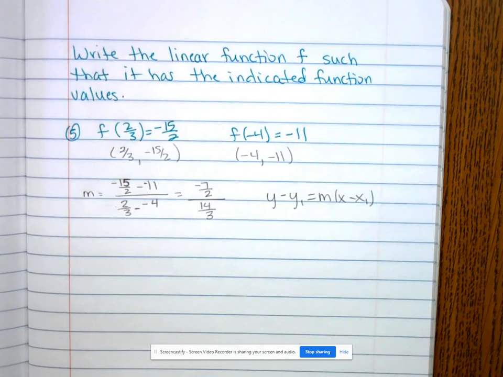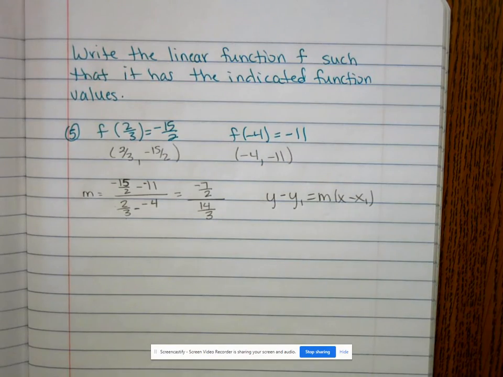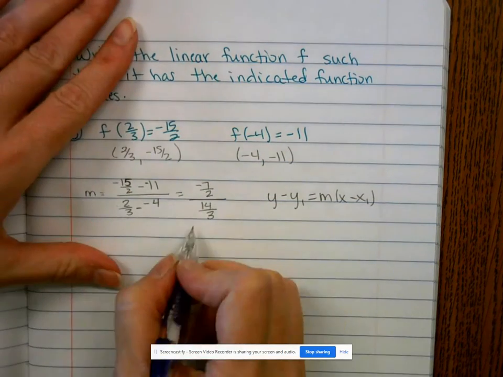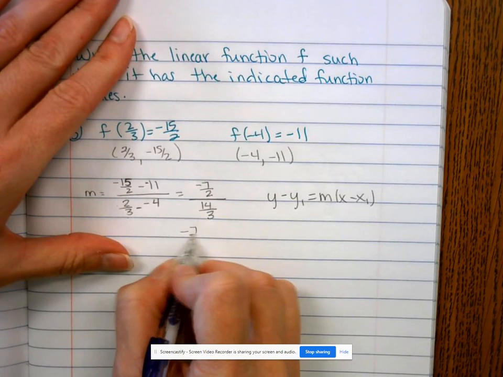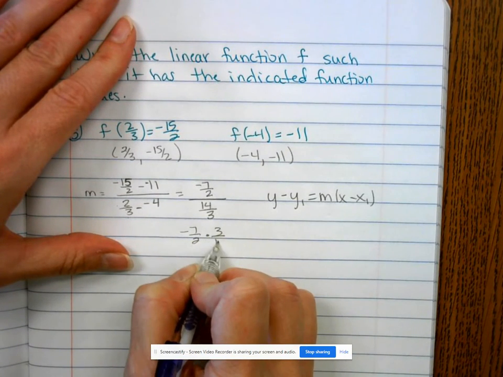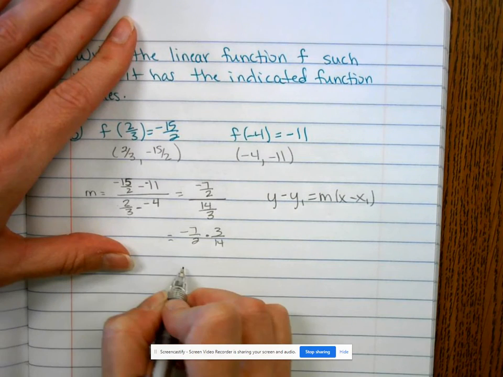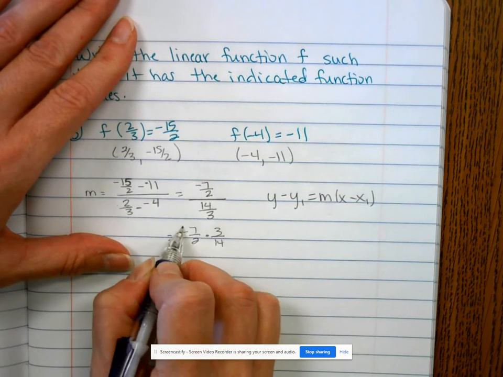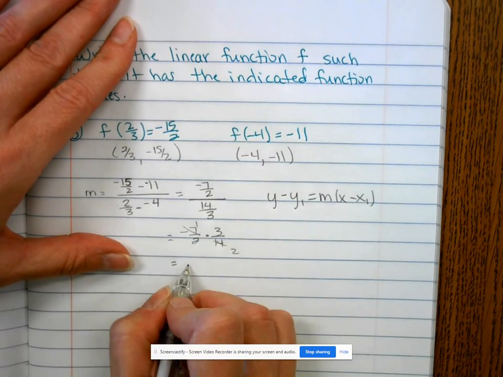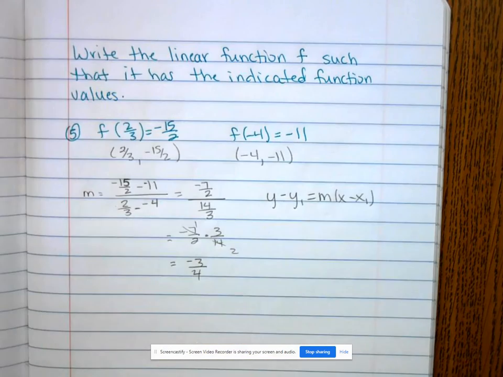All right, so now we're going to multiply by the reciprocal, so we have negative 7 halves times 3/14, which is going to, we can cancel here, so negative 3/4 ultimately.